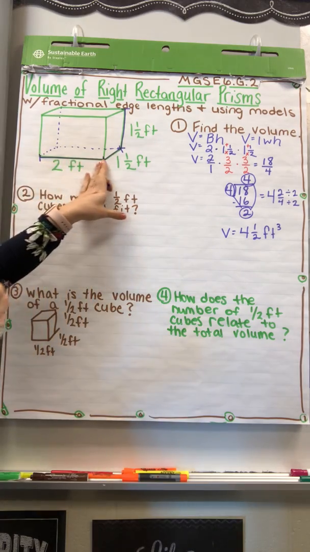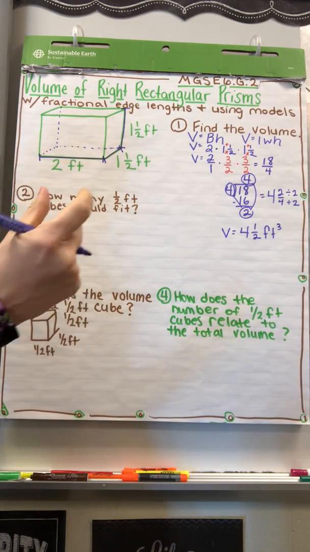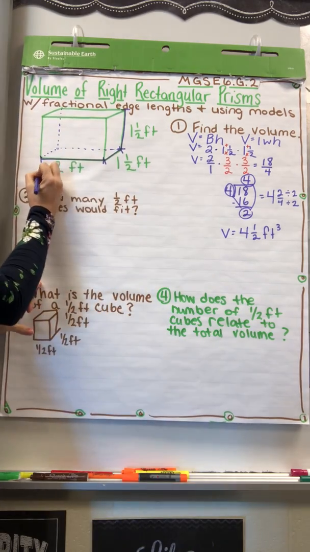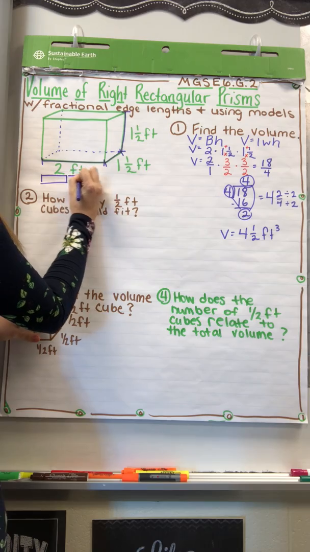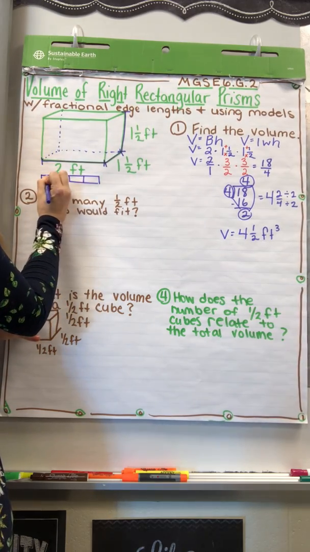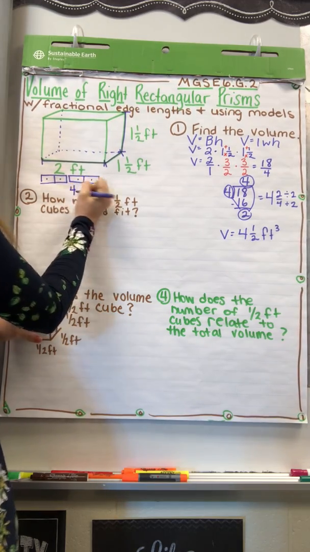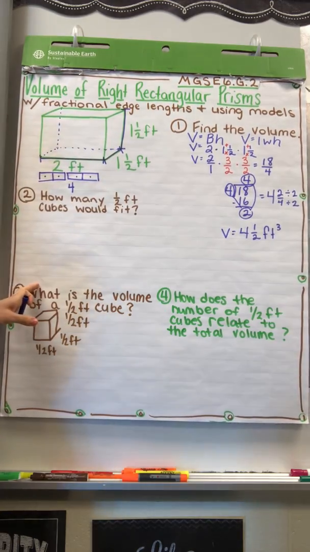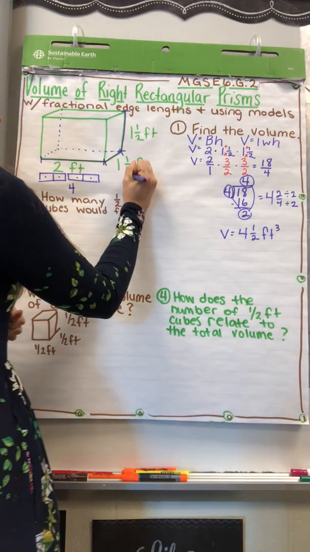If we need to know how many halves fit across the front, how many 1/2 foot pieces are in 2 feet, you can literally draw it. 1 foot, 2 feet, split them in half, and you can see 1, 2, 3, 4. So 4 1/2 foot cubes would fit along the front. Okay, then we have 1 1/2.